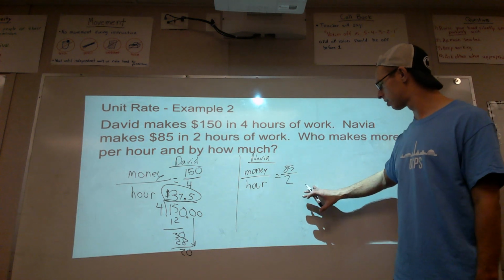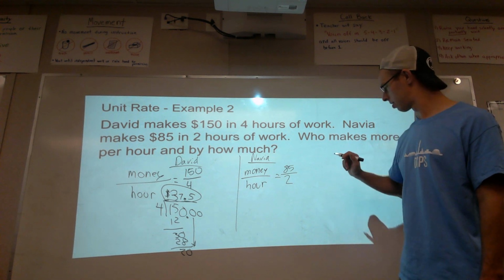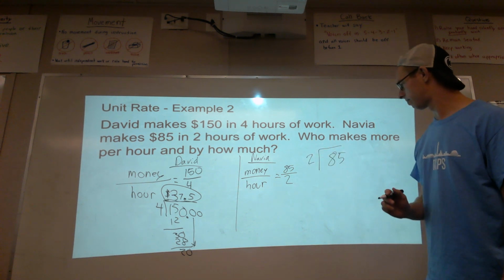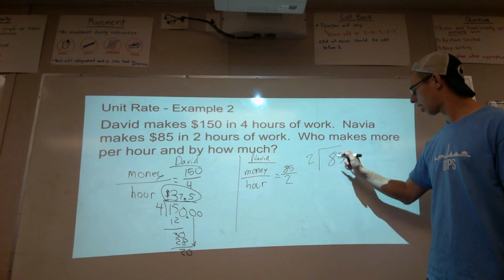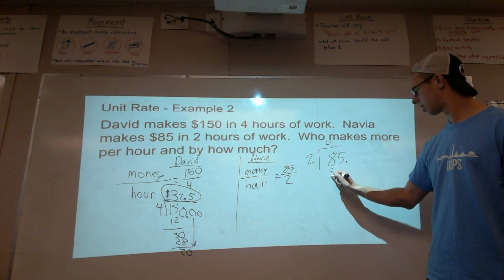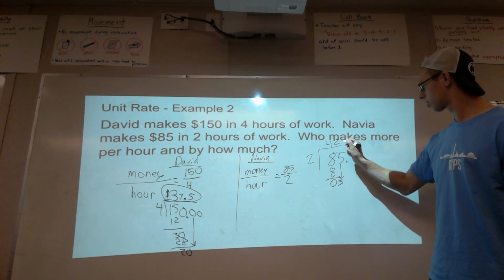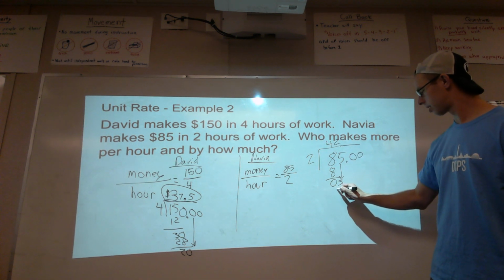And I'm going to solve. Again, this thing, 85 divided by 2. Well, 2 goes into 8 4 times. 2 goes into 5 twice. And again, I need to add some decimals here.